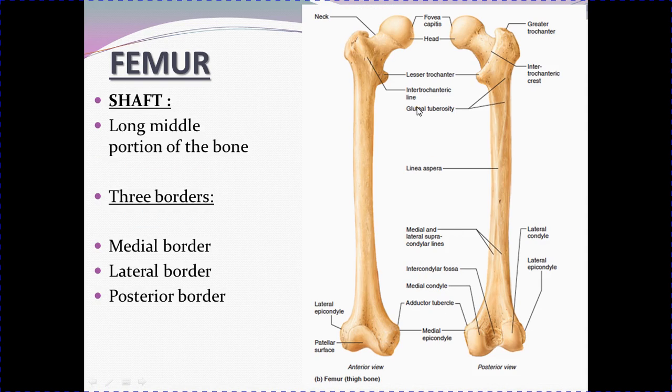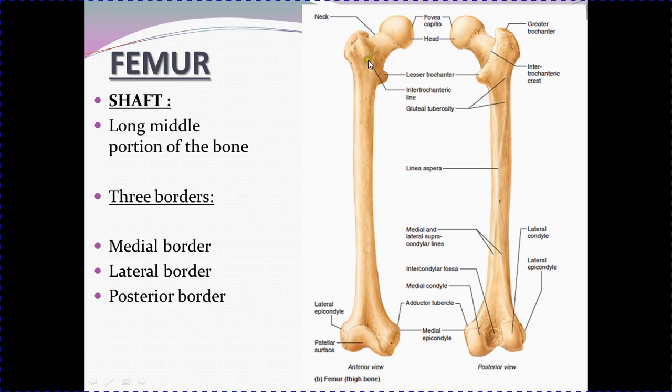Now we have completed the upper end of the femur. We will go to the shaft of the femur. But before we move, we will revise the upper end. The upper end has a head, a neck, a greater trochanter, and a lesser trochanter. The head has a small depression called the fovea capitis. It forms two-thirds of a sphere and articulates with the hip bone to form the hip joint.